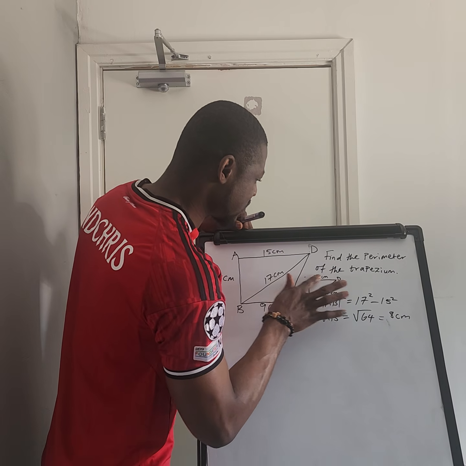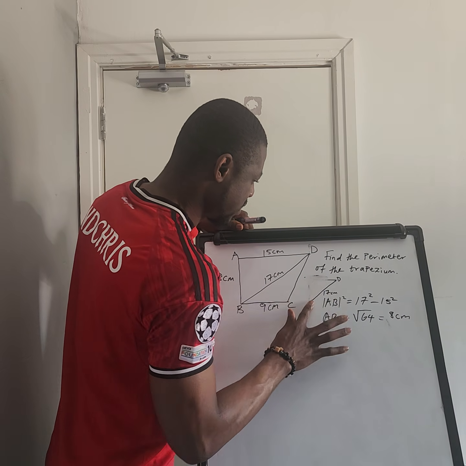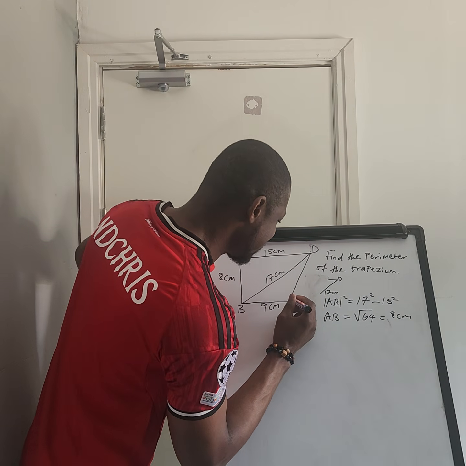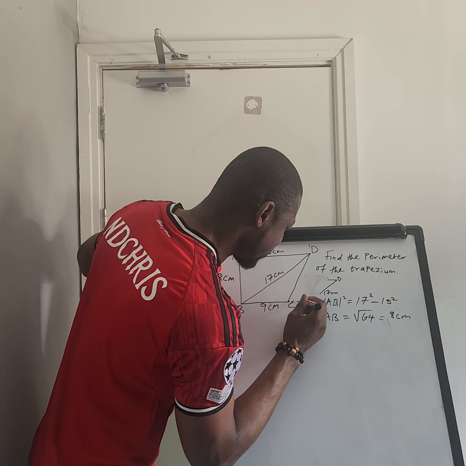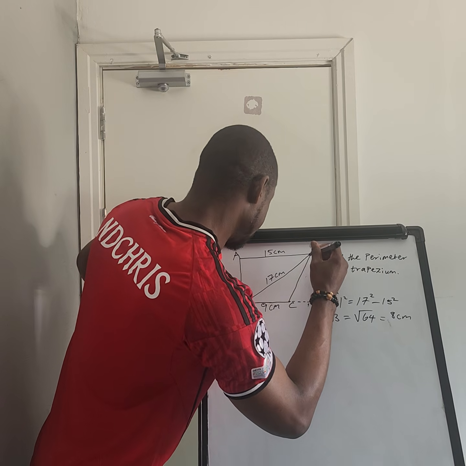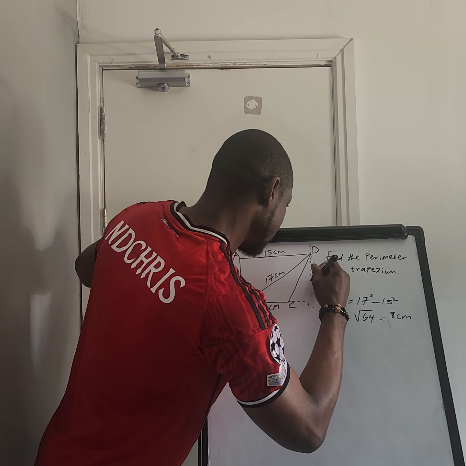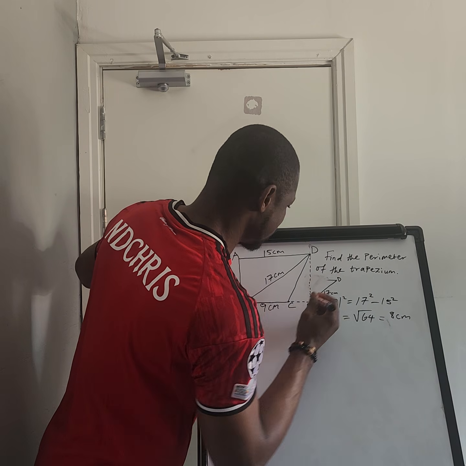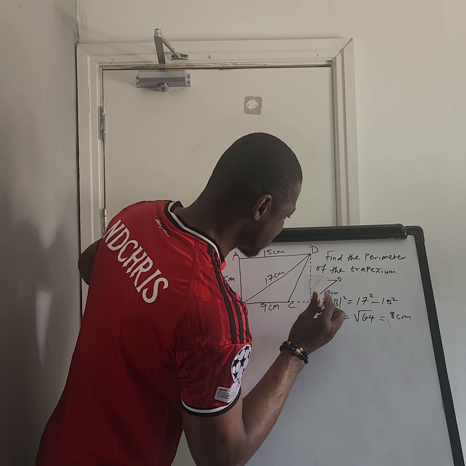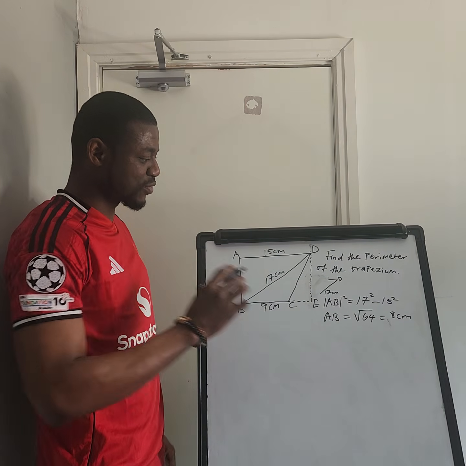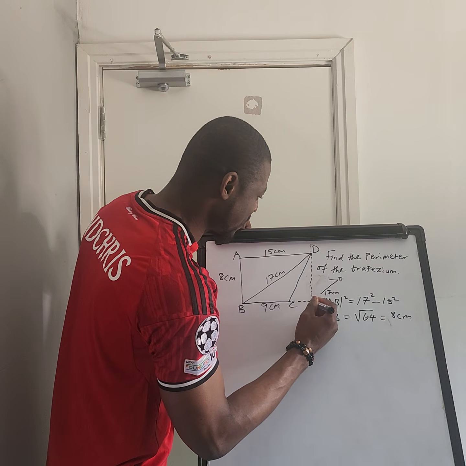So let me remove this now since I've already done this. Now, I can extend this from here to here and then make it look like a rectangle. So this becomes my E. You agree with me? So I just extended this from here to here.